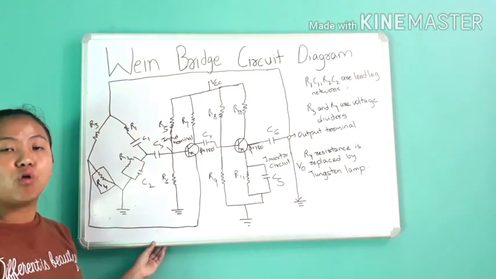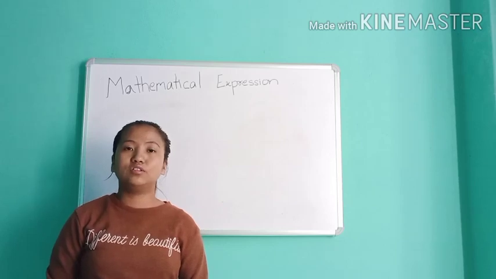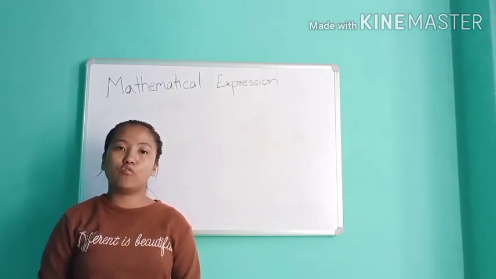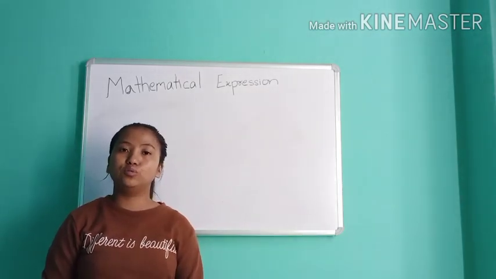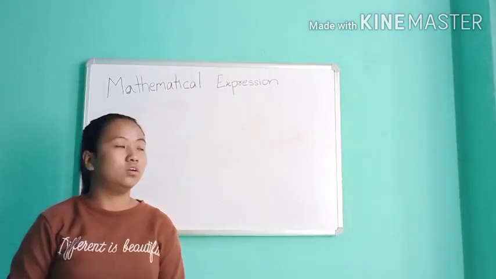So now we will proceed to mathematical expression. As we know, the bridge circuit consists of 4 resistors R1, R2, R3, R4 and 2 capacitors C1 and C2. Let me show you the figure.